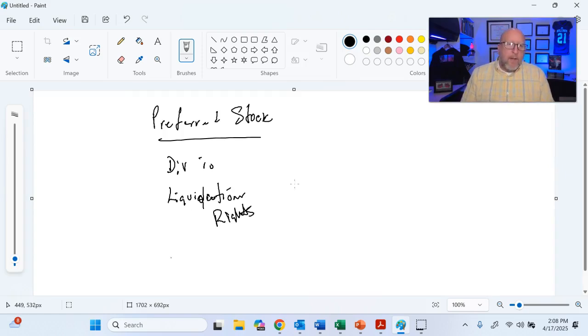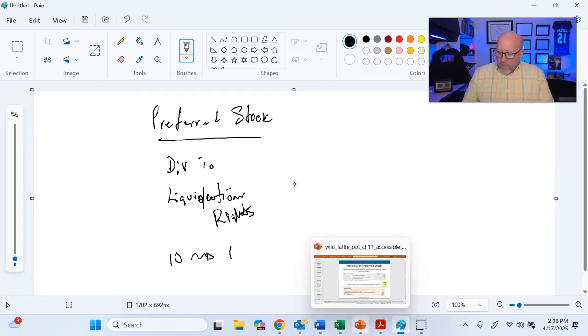It could be like for every 10 preferred shares you have, you can exchange them for one common share. So in the 10 million versus 100,000 example, 10 million shares of preferred aren't going to equate to 10 million common shares. It could be only 1 million common shares or even less. So that is preferred stock.